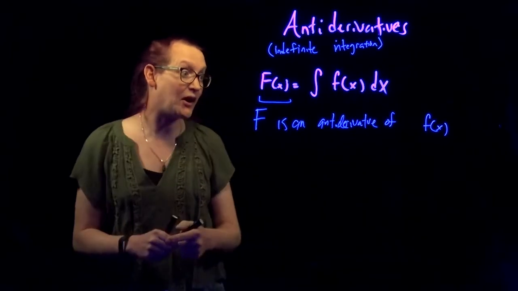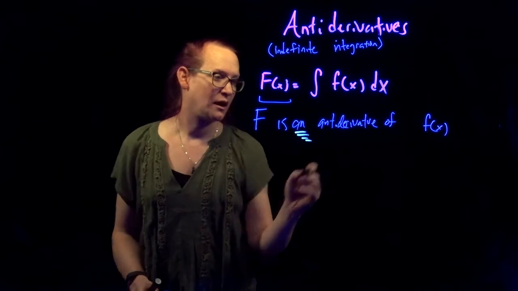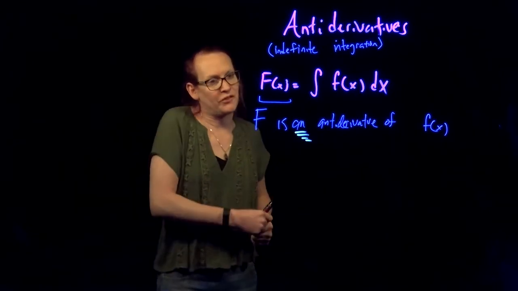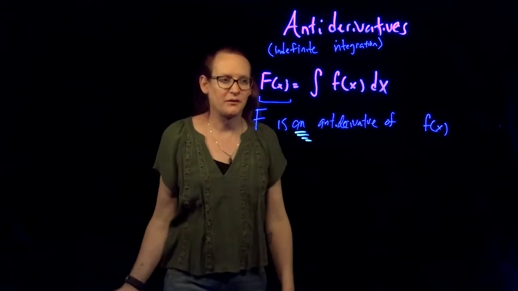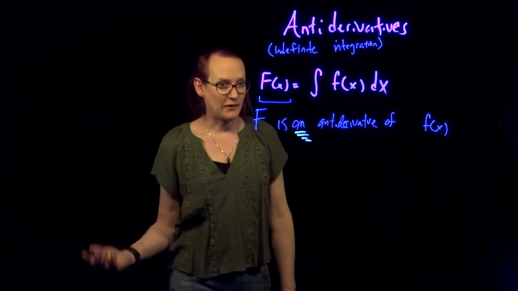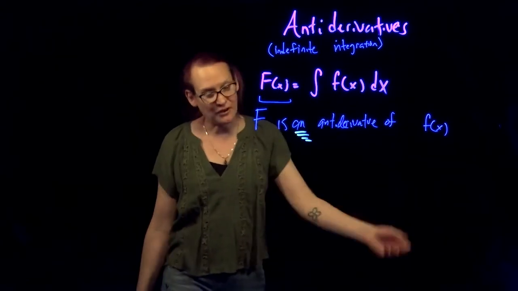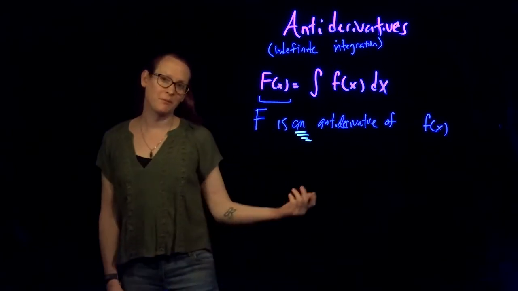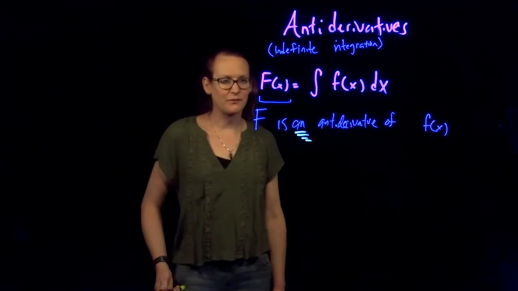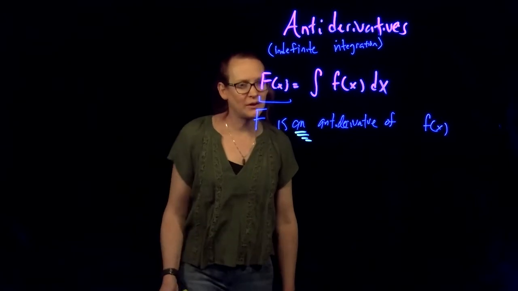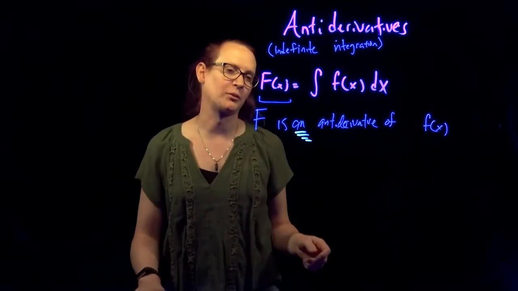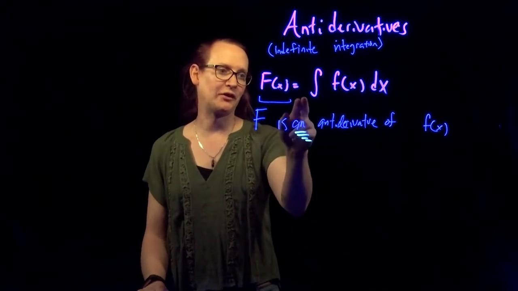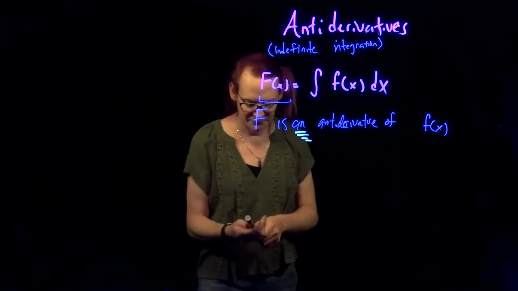Okay, so I just wrote down a thing here. I said that F is an antiderivative, and I think it's important that I stress that there is an infinite number of antiderivatives of f. But first, I think I should explain what we mean when we say antiderivative, because I haven't quite said what the relationship is yet. I kind of said the relationship in the sense that capital F is the integral of lowercase f.